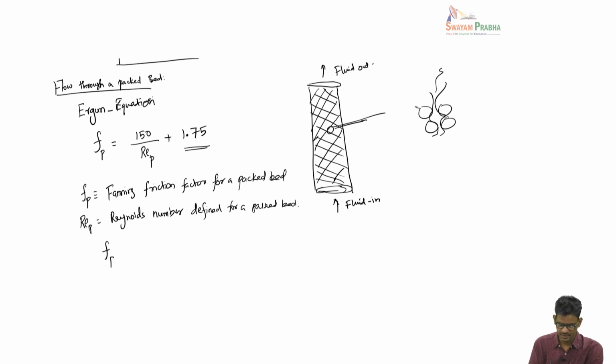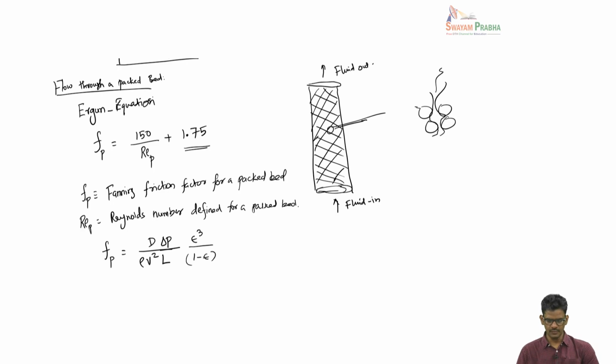This f_p here is defined as before with additional terms. So you can see this f_p has additional terms.